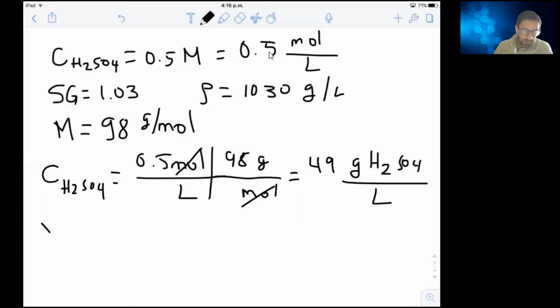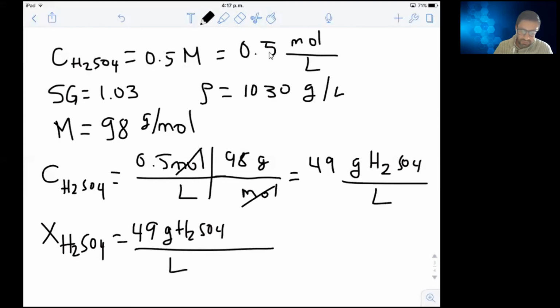And if you want, let's say, the mass fraction, okay, this is once again for H2SO4. Then what you have to do is, we already have 49 grams of H2SO4 per liter of solution.